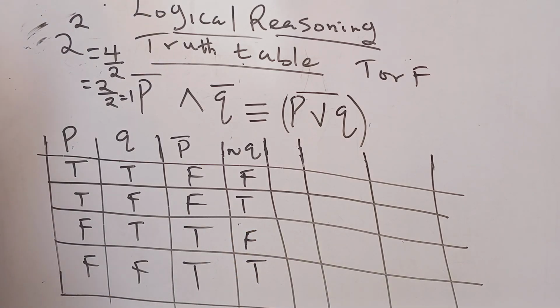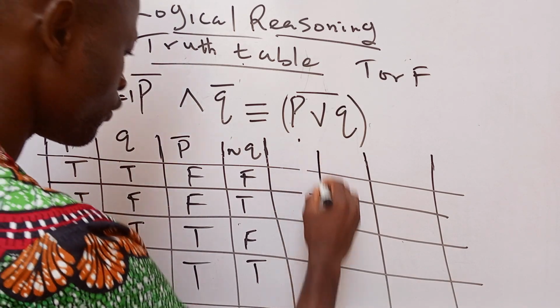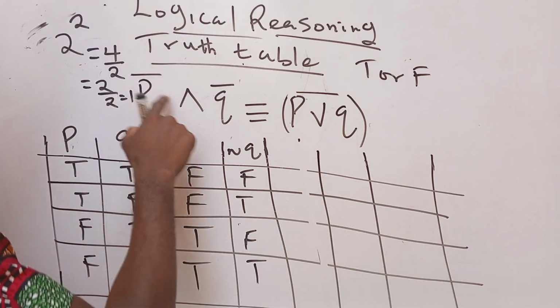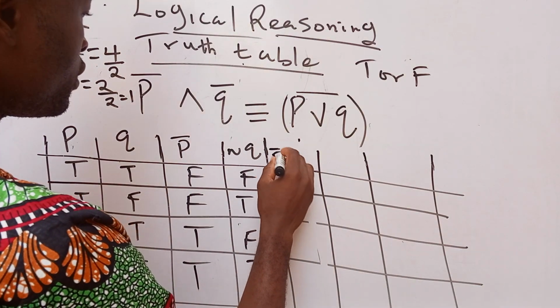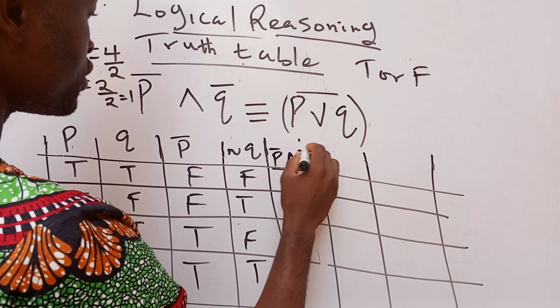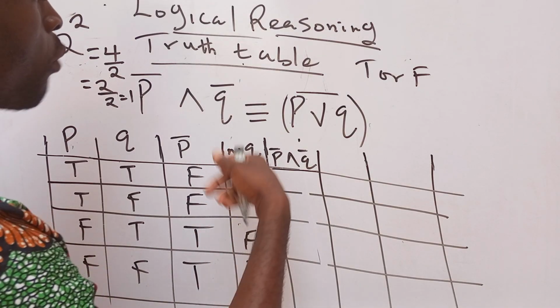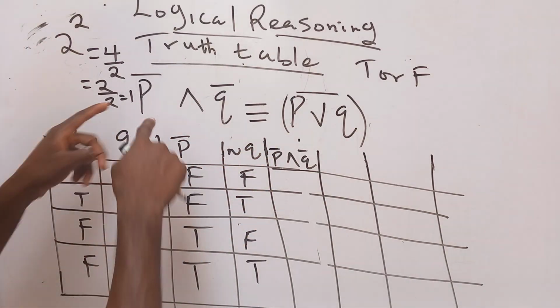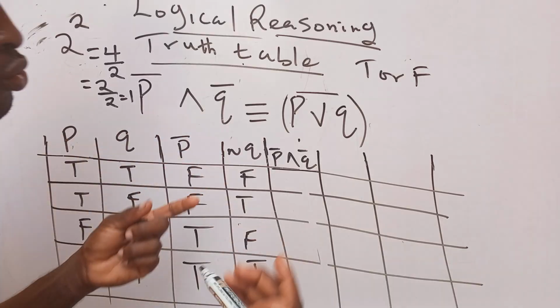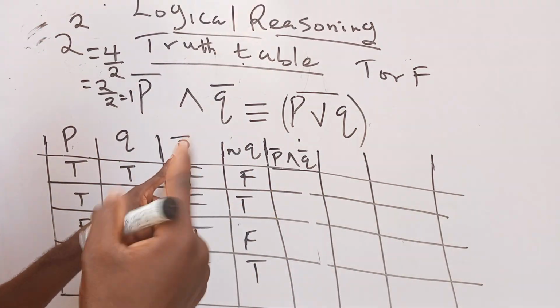The next table we are going to create is for negation P conjunction negation Q. Now, in conjunction, which is "and", the only time the result is true is when both negation P and negation Q are true, otherwise false.